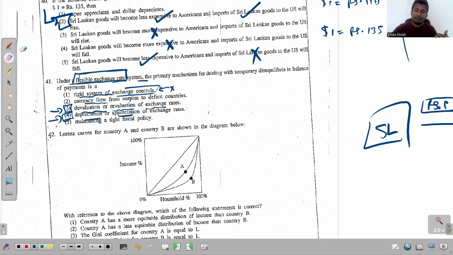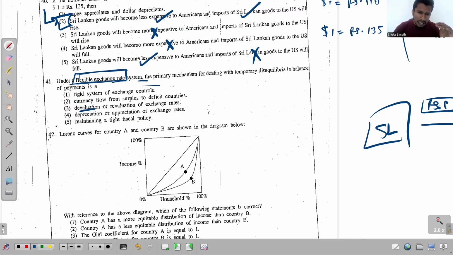When there's a mismatch between the foreign currency supply and the foreign currency demand, based on that, the exchange rate will change. But how do we recognize that change? Do we really recognize that as devaluation or revaluation?